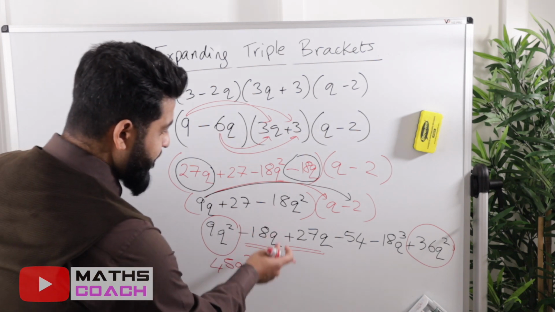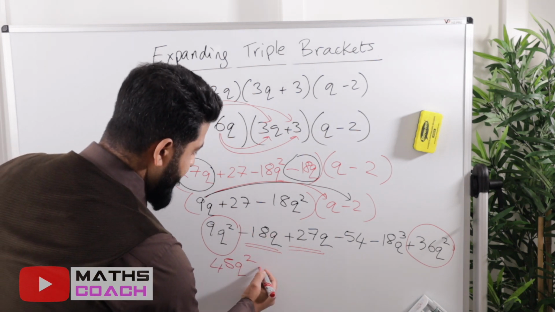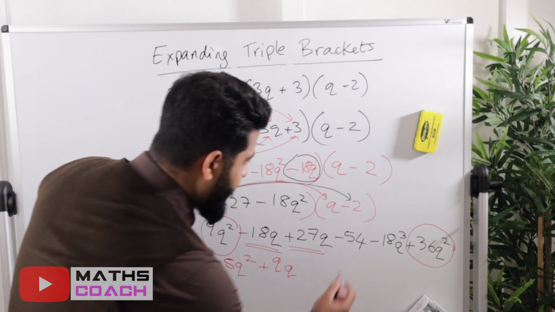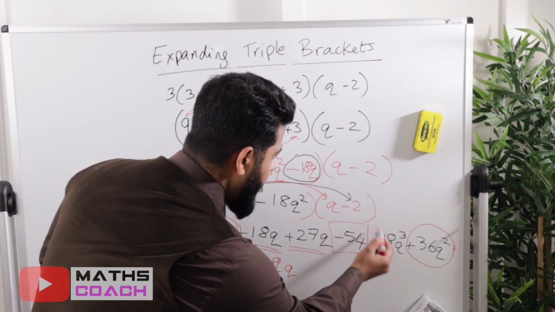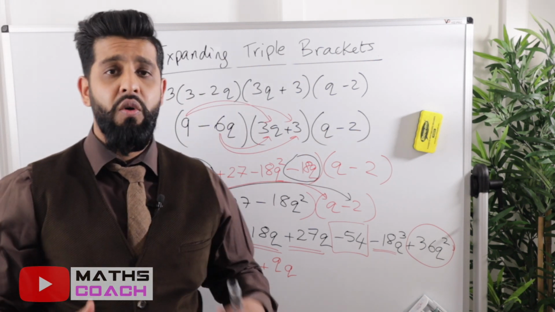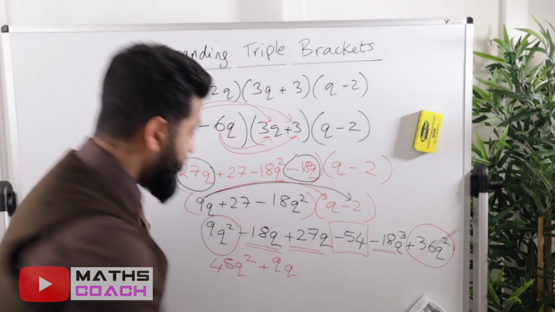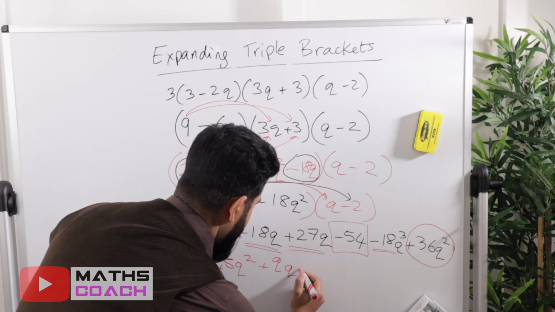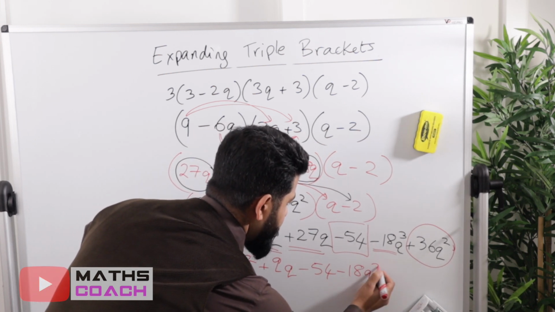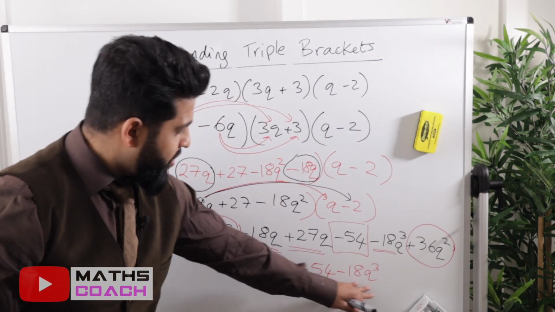So minus 18q plus 27q is plus 9q. And then we've got minus 54 and minus 18q cubed, which have no terms which are similar to them. So they'll just be written down as normal. And that is your answer.